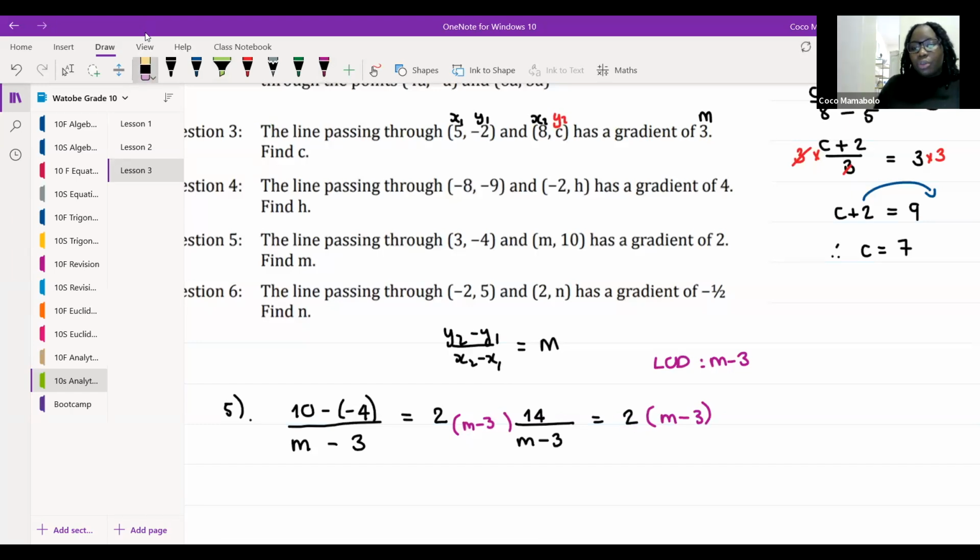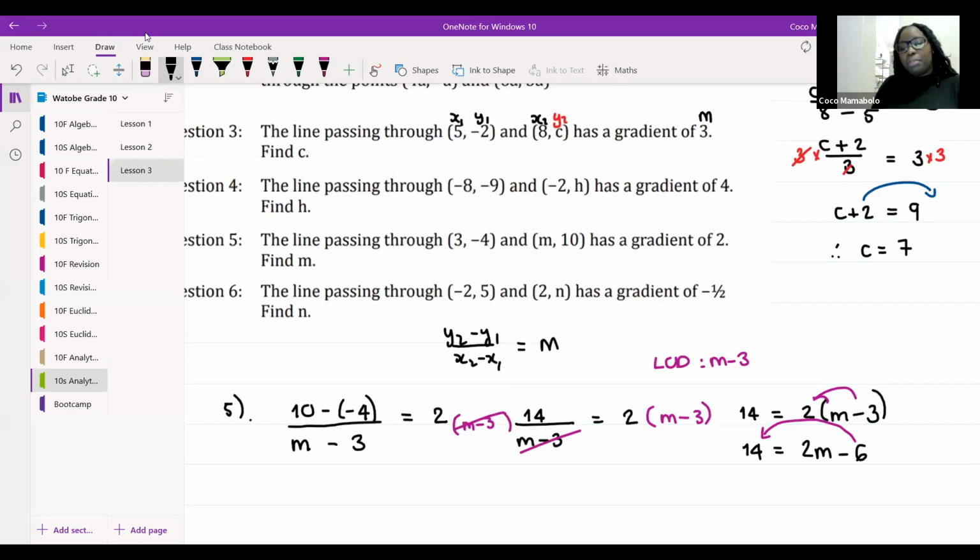All right, so we're going to end up with the m minus 3 will cancel, and I will have 14 is equal to 2 times m minus 3. So now what I need to do is a quick distribution. Distribute. I will then get 14 is equal to 2m minus 6. And then I will take my -6 over to the other side and it will become plus 6.